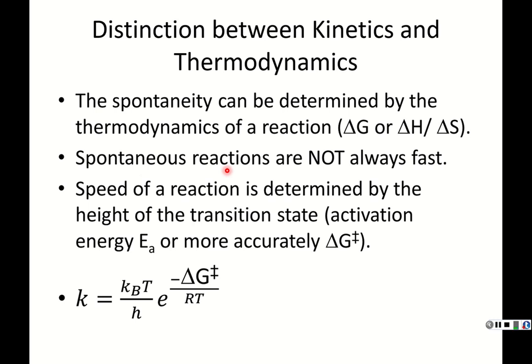When you look at the delta G value for that process, it's a negative value, so that is spontaneous. But the reason that diamonds aren't just decaying into graphite is because of kinetics. The speed of the reaction is determined by the height of the transition state, which is known as the activation energy. More accurately, it's depicted as delta G with this double cross symbol. That's the activation energy, or the height of the transition state.